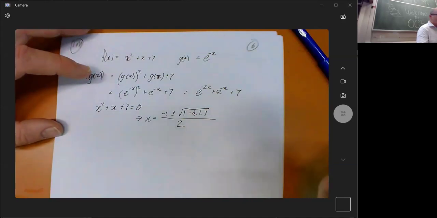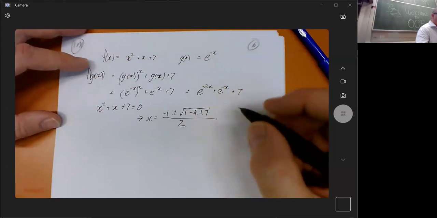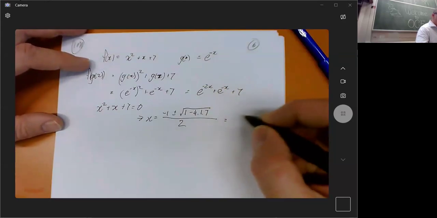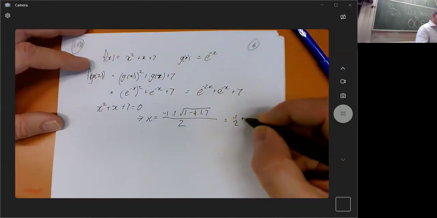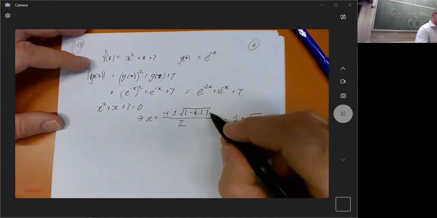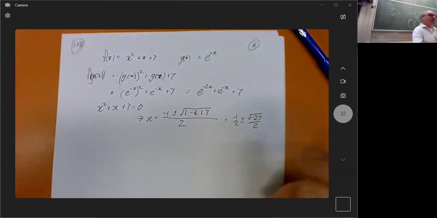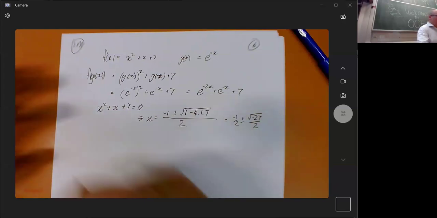X is equal to minus a half plus or minus square root of minus 27. Complex numbers. Woohoo, can't do anything more. All right, let's try again.